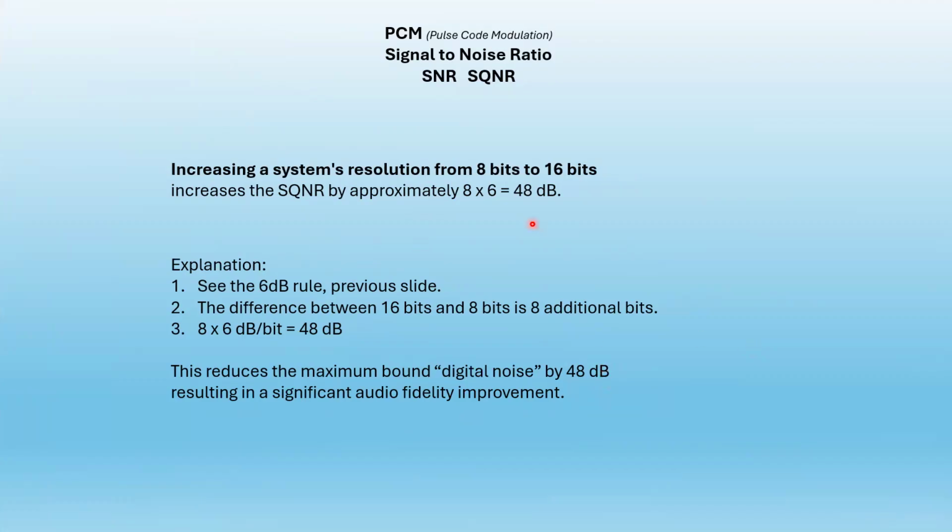Couple of examples here. Increasing a system's resolution from 8-bit to 16 bits. Whoa, we're doubling the power of transmission here. Sorry, I shouldn't be saying that. I'm just paraphrasing things. All right, we're increasing the system's resolution from 8 bits to 16 bits. Now, this is going to increase the signal to quantization noise ratio by approximately 48 decibels.